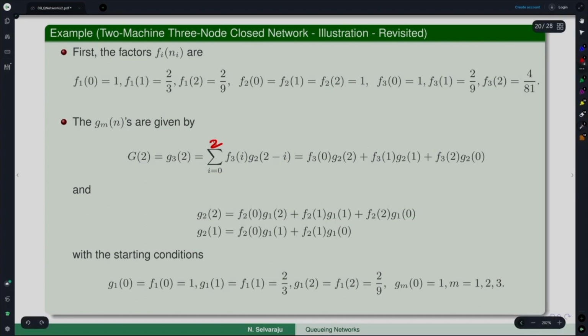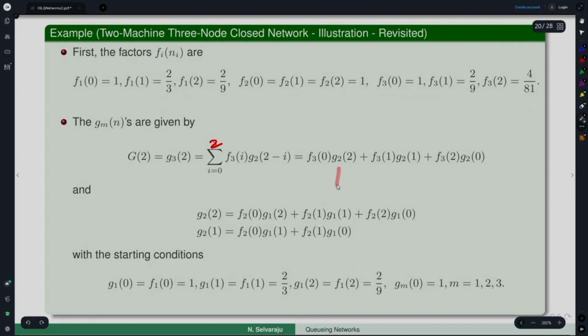So, this is what you have here. That means i equal to 0: F3 of 0, G2 of 2, plus F3 of 1, G2 of 1, plus F3 of 2, G2 of 0. I have already obtained this F function.